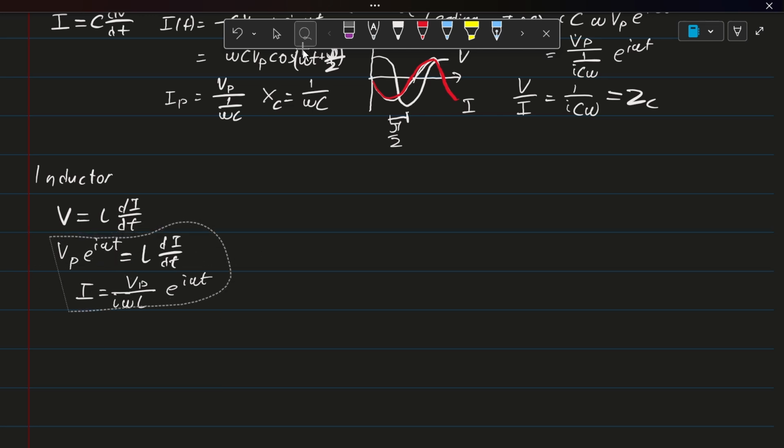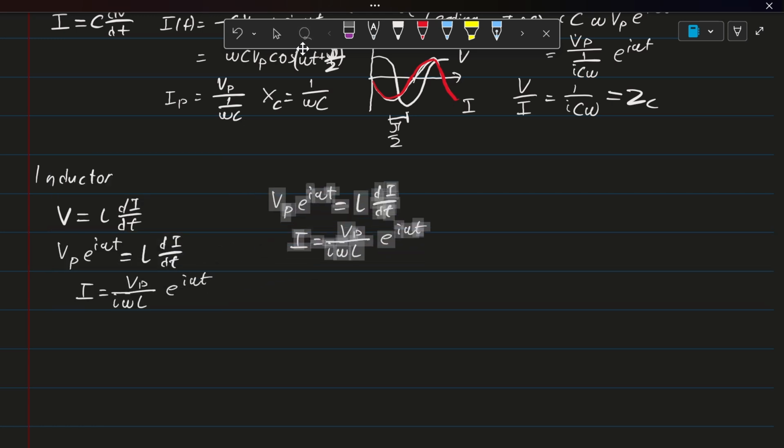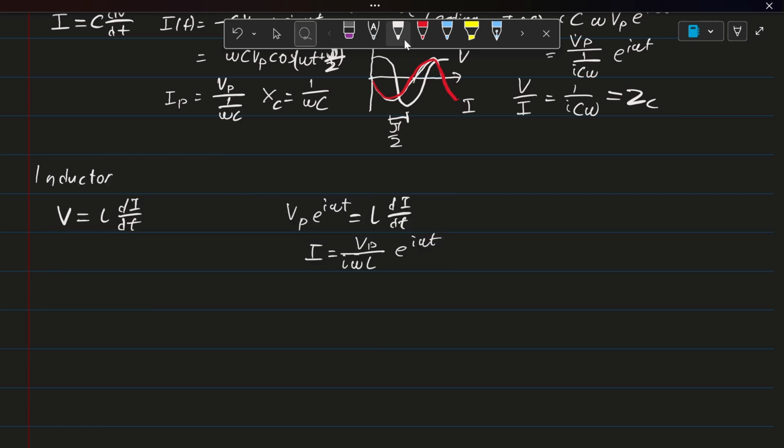But what about the normal numbers that we normally use? So this will be Vp cosine omega t equals L di over dt. Solving the differential equation, you would get i to be Vp over omega L sine omega t.